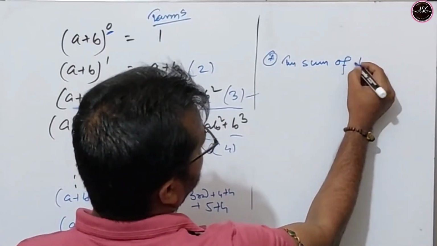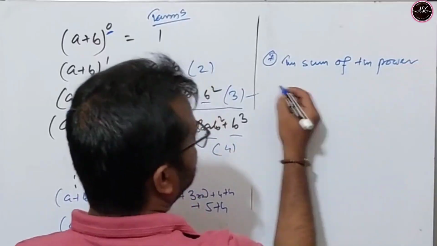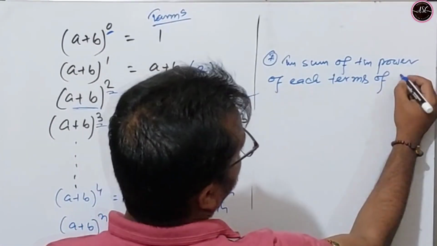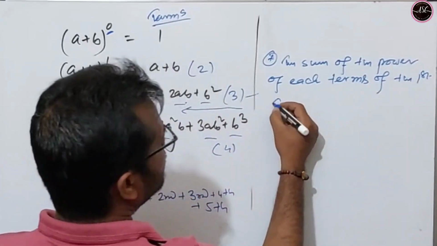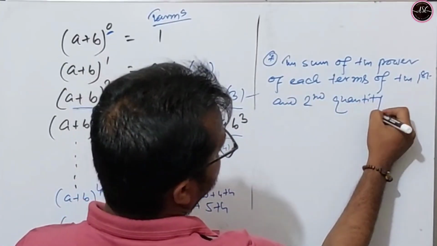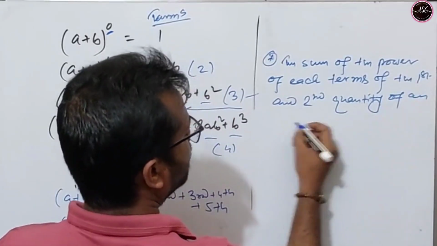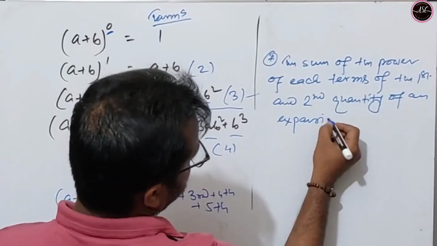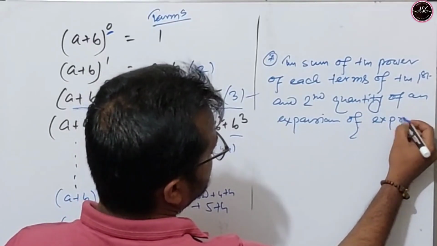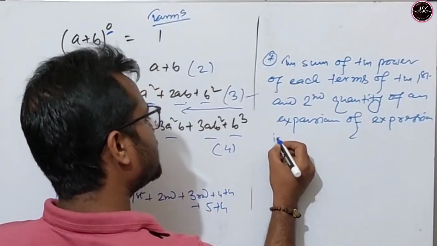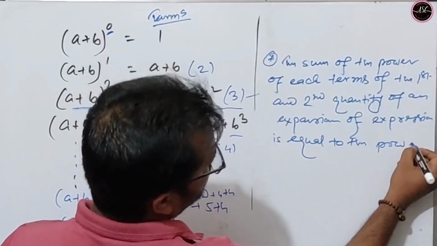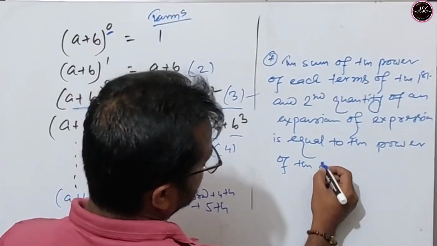the sum of the powers of each term of the first and second quantity of an expansion is equal to the power of the expression.